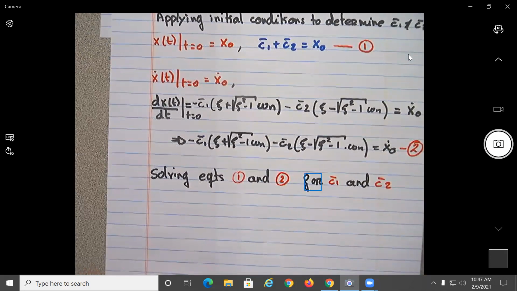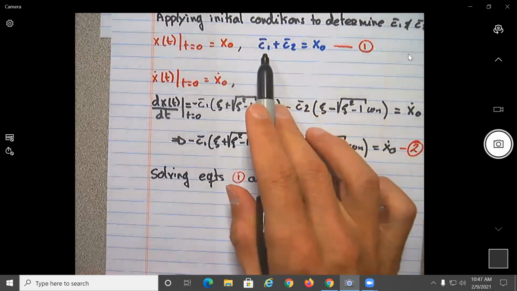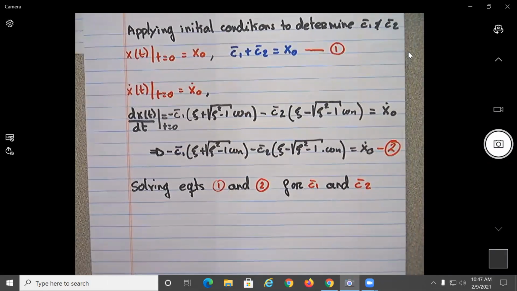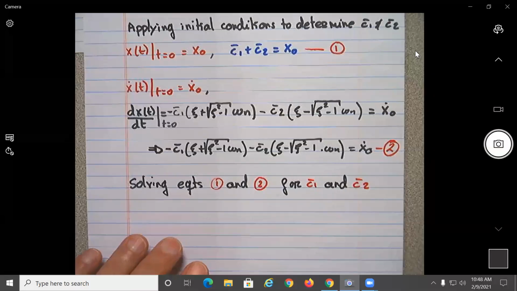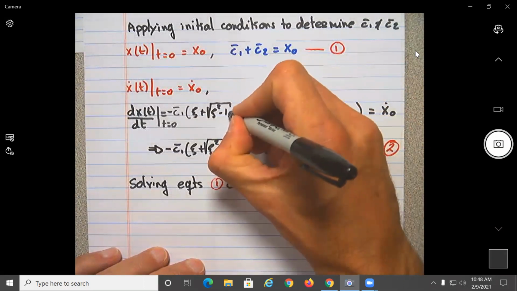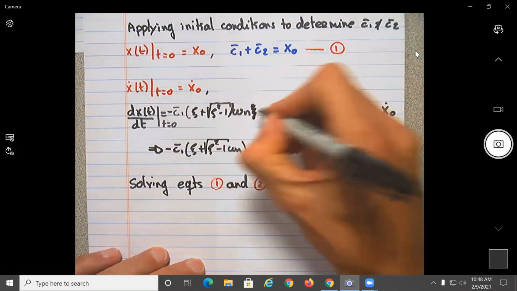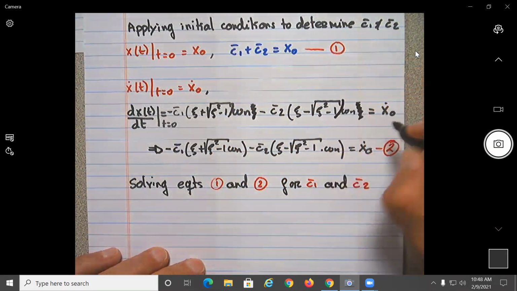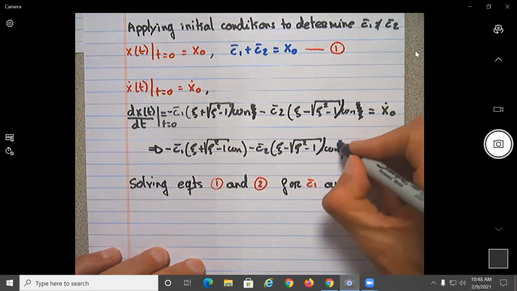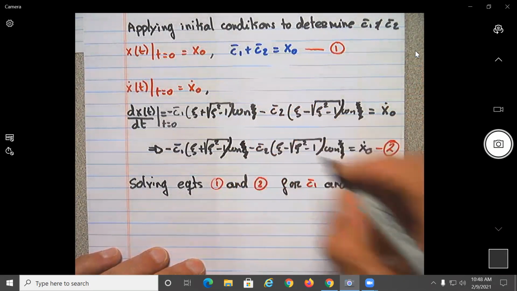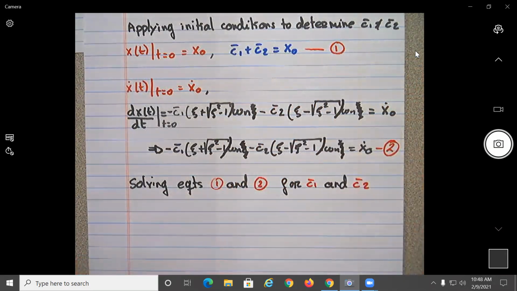I probably did that in Maple, even though it's not really that complicated, because you can just rewrite C1 as x dot minus C2. Yeah, so there's a typo here. So guys, the omega n multiplies everything, so the parenthesis is here, and the same thing over here, and the same thing right here. Yeah, sorry, good call, I wasn't paying attention.